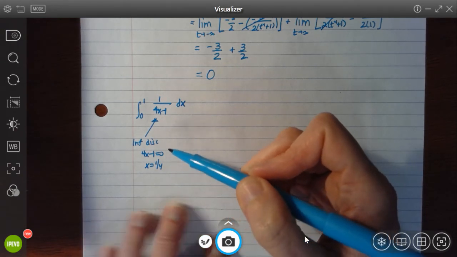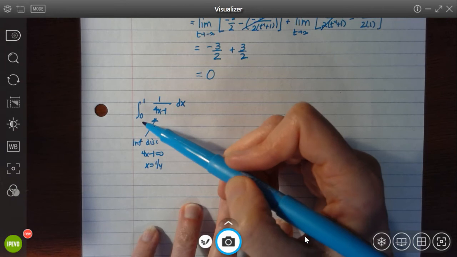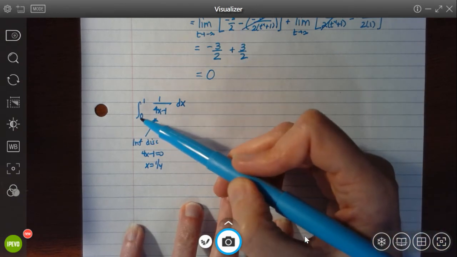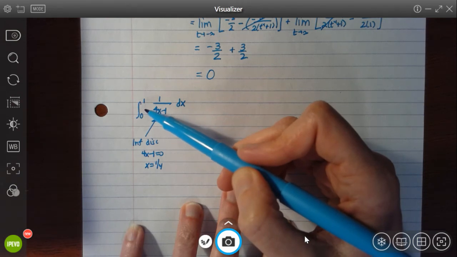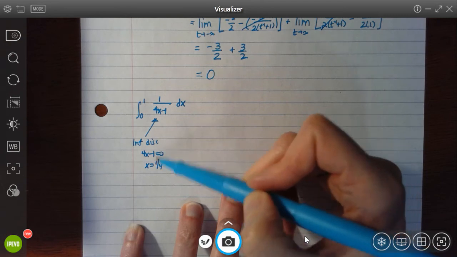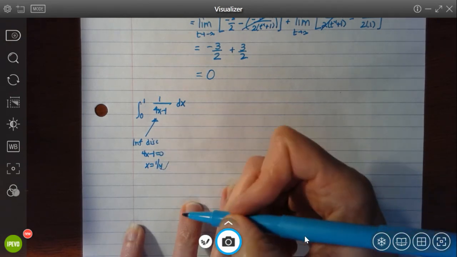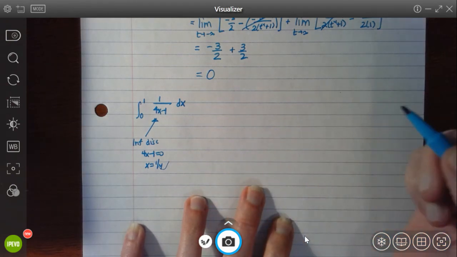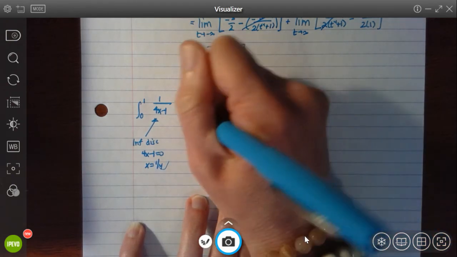So what we're going to need to do then is break up the integral into two limits, just like we did up here. And we're going to go from 0 to 1/4 as one integral, and then 1/4 to 1. And since now at one of those endpoints, we're going to get that infinite discontinuity, we're going to find the limit as t approaches the value from either the left or the right.